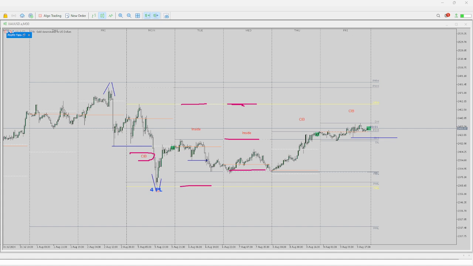Double inside day. There's another thing I forgot to add. When we had this high, put the higher high in place, we know that is a signal for a dump and pump. If you watch Stacy's videos, this is where I'm learning a lot of this stuff, putting it all together.